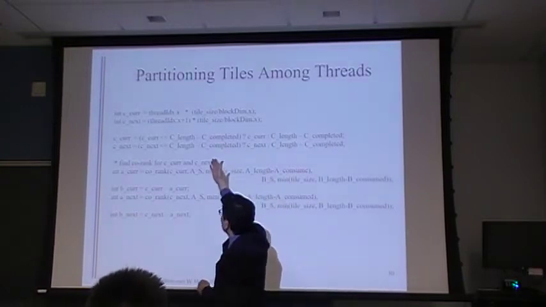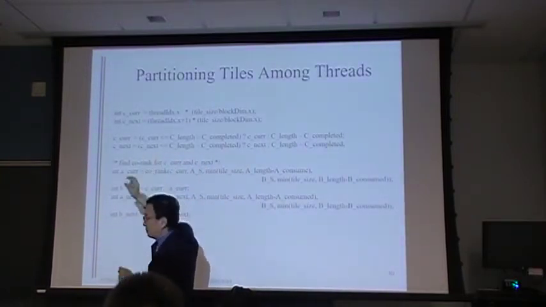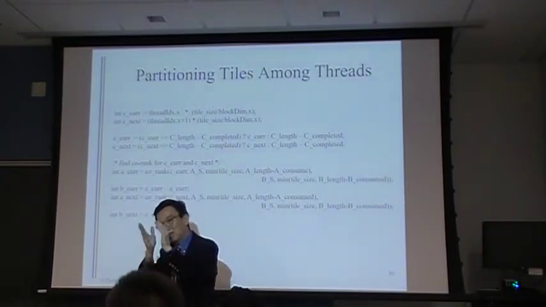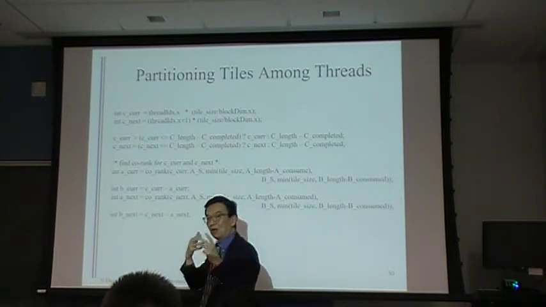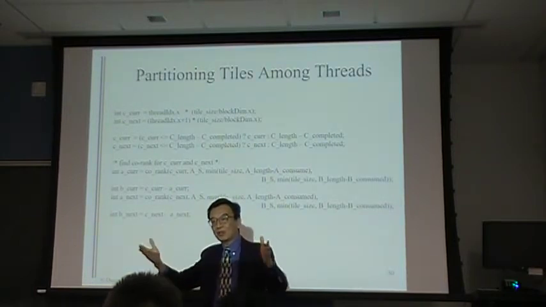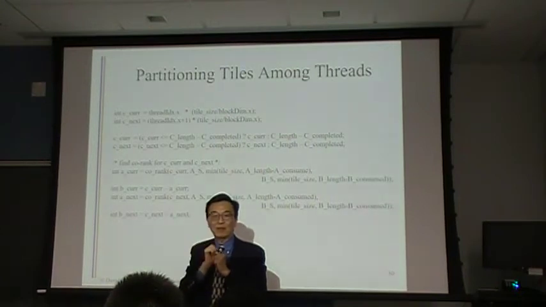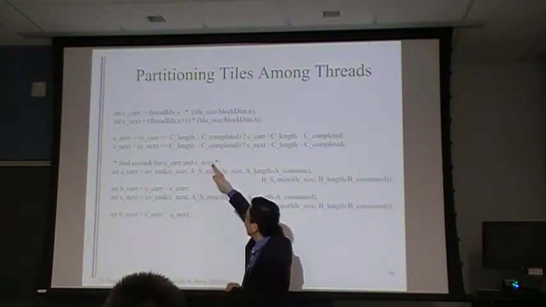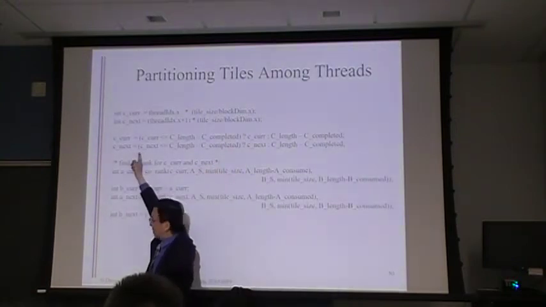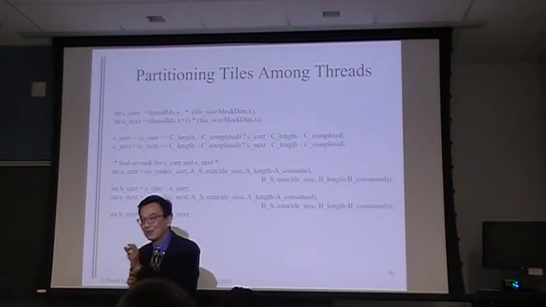So now we use every thread to pick up a small section of C inside that tile. In our example, if the tile is 1,024 and the thread block size is 256, we're going to have every thread pick up 4 elements, and so then we calculate the co-rank function for each of these little sections, right?